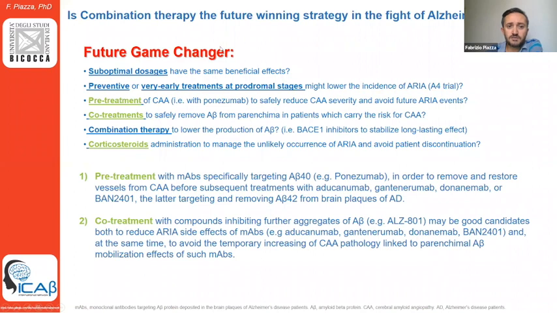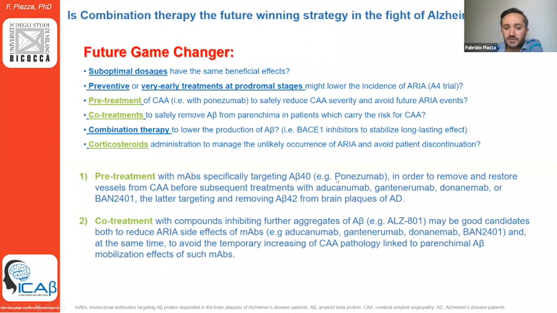To conclude, in my opinion, the future game changer will be combination therapy to really fight Alzheimer's disease, and hopefully also find a drug or a therapy that can also solve CAA pathology. In particular, I think that pre-treatment or co-treatment strategies will be very important, such as pre-treatment with a monoclonal antibody, such as ponezumab, targeting beta amyloid, which is not inducing ARIA-E based on previous findings.